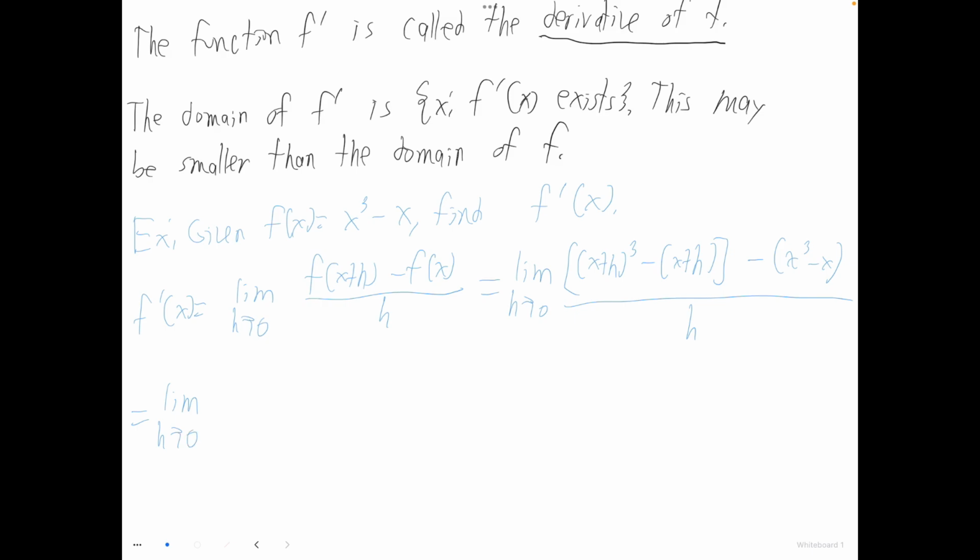Multiplying the top out, we get x cubed plus 3x squared h plus 3xh squared plus h cubed minus x minus h. Then we have minus x cubed plus x. We're dividing that whole thing by h. So this piece right here is just our f of x plus h, and this is our f of x.